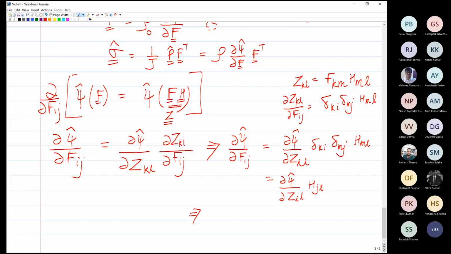Let me now multiply by rho naught on both sides. So we get rho naught times del psi hat by del Fij is equal to rho naught times del psi hat by del Zil, evaluated at Zil, into Hjl.